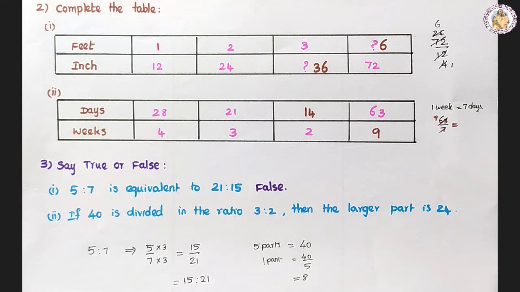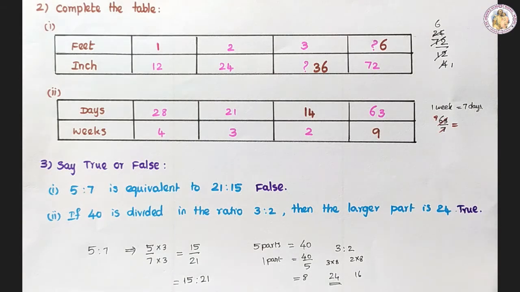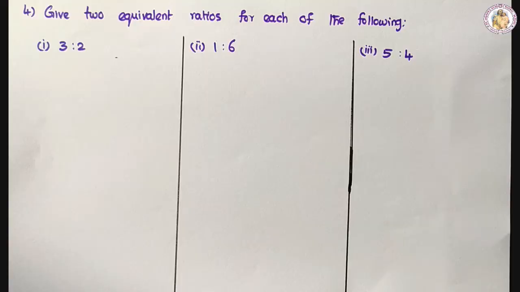So 3 is to 2 means 3 into 8, 2 into 8. 24, here 16. So the larger part is 24, they have given. So that is true. The other part is 16 only. So 24 is the larger part.